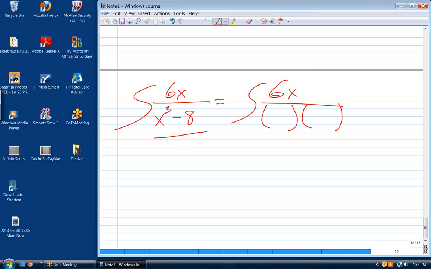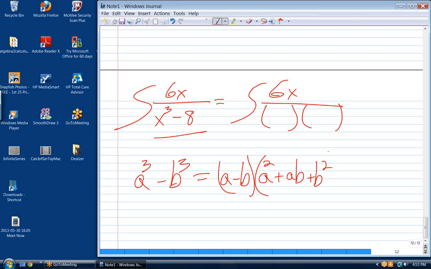Right. And a difference of cubes factors into, if I have a cubed minus b cubed, I can factor that into a minus b times the irreducible quadratic, a squared plus ab plus b squared. So that's how I want to factor the difference of perfect cubes.